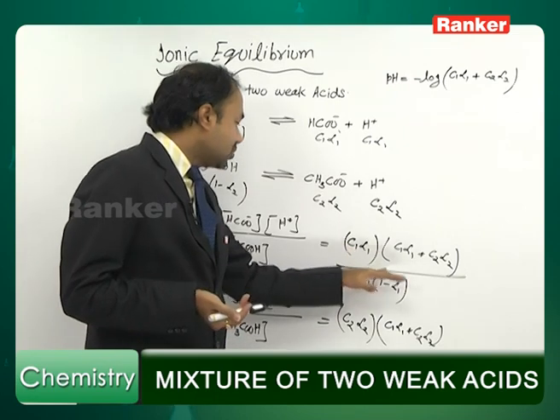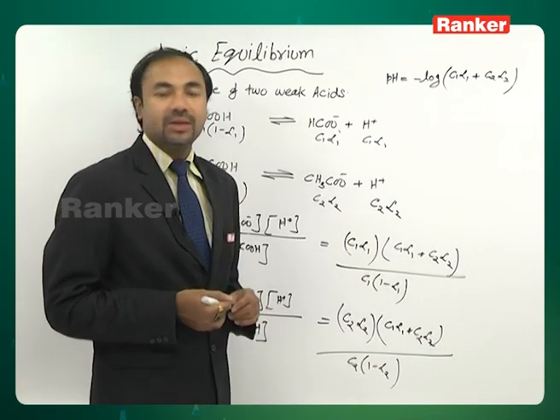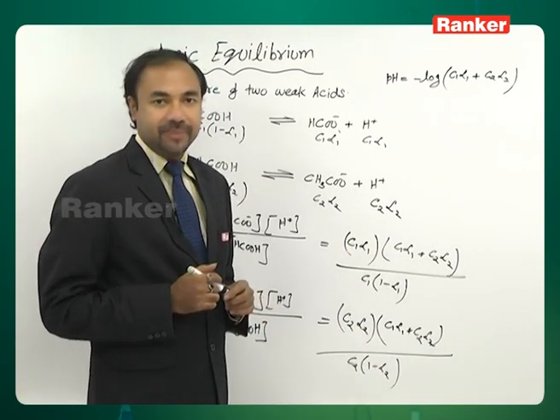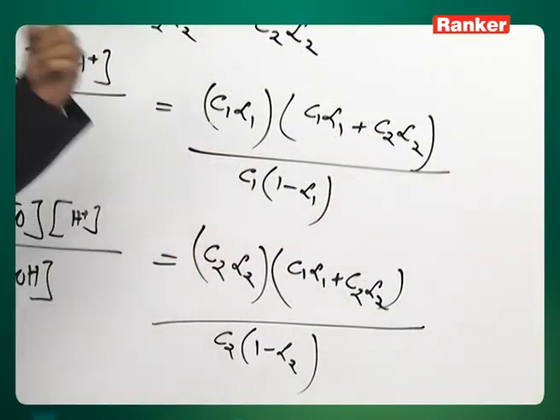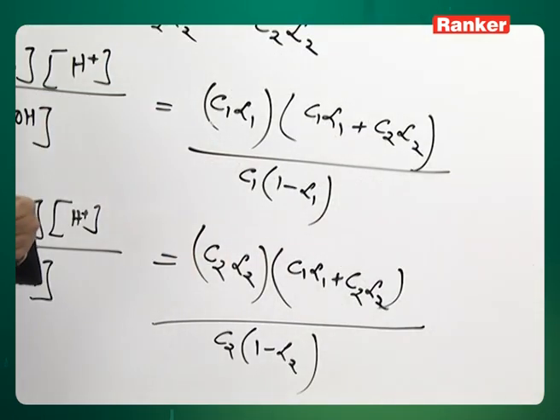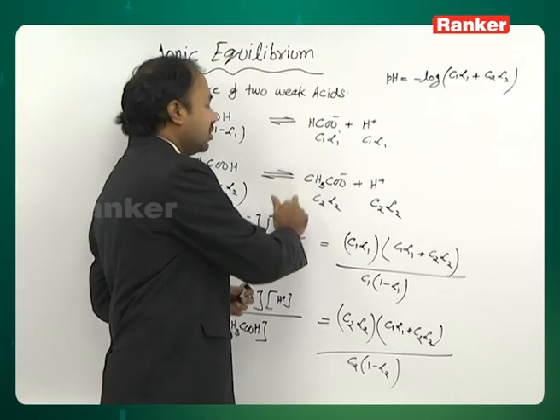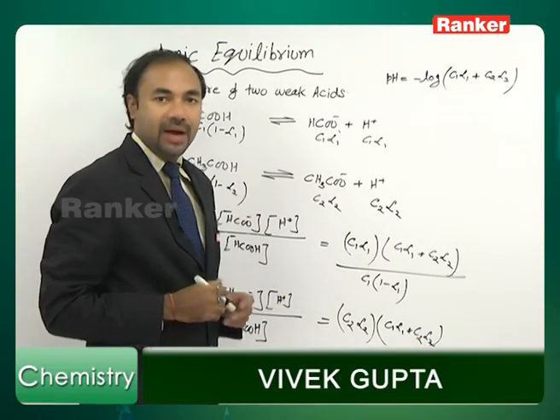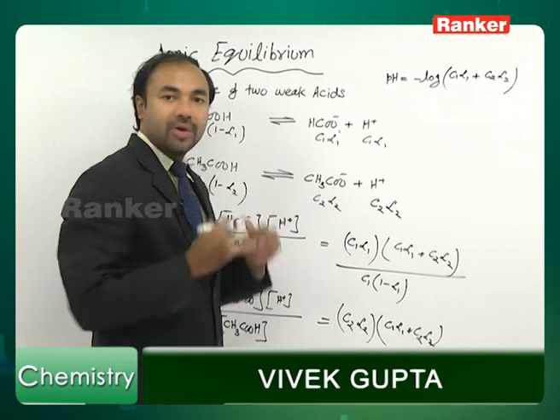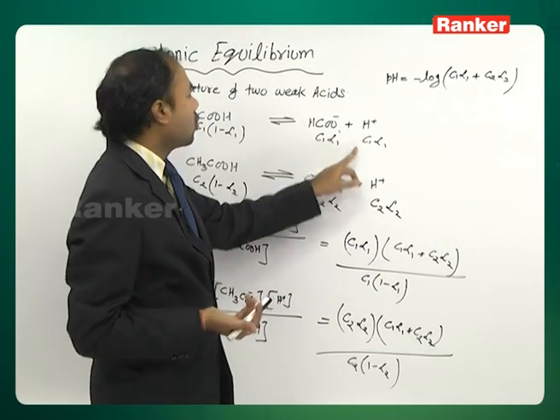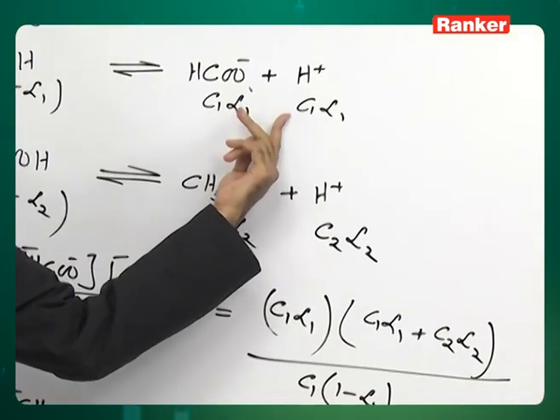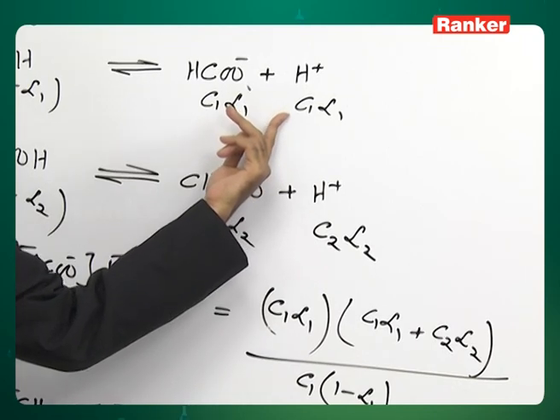Now, if you try to solve in this manner only, the calculations become very difficult. Here comes the approximation part, and this is how we take the approximation, because already both the acids were quite weak, and now we are adding both of them together. As a result, due to common ion effect, the dissociation of both the acids decreases.